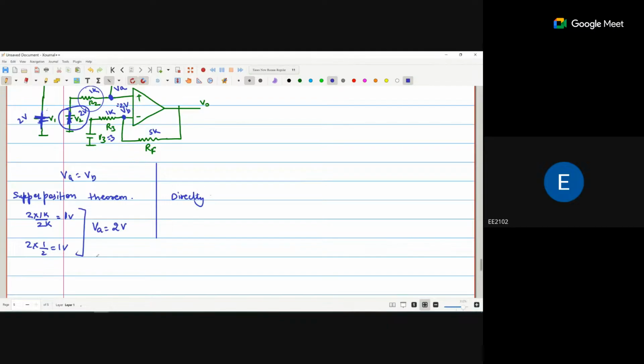Now I assume the current from V naught is the entering current, and the current at VB is the outgoing current. So (V naught minus 2 volts, because VB is 2 volts) upon 5K is equal to (2 minus V3, that is 3 volts) upon 1K.